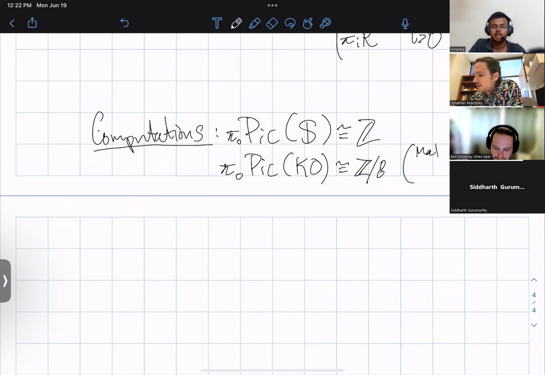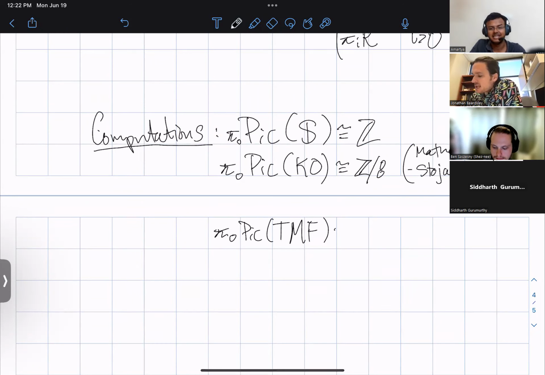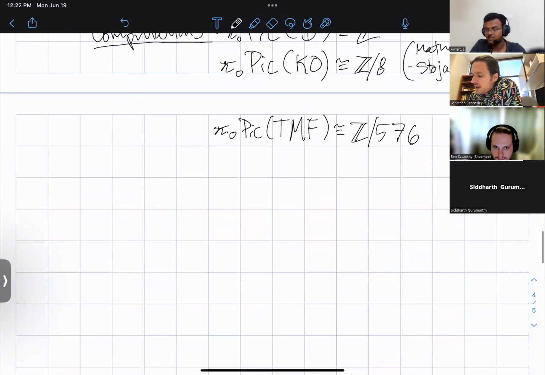And again, this is a somewhat recent result of Mathew and Stojanoska. Let's see, what are some other interesting ones? Pi 0 of pic of non-connective TMF is Z mod 576.